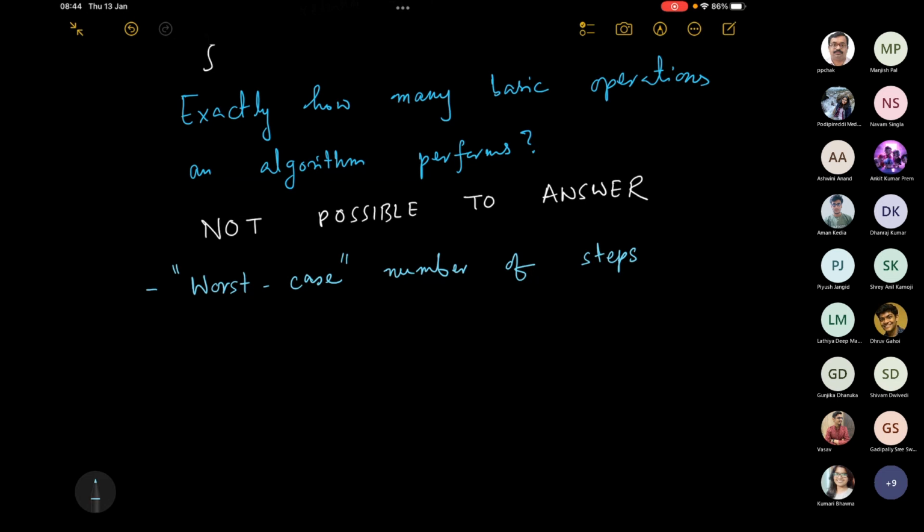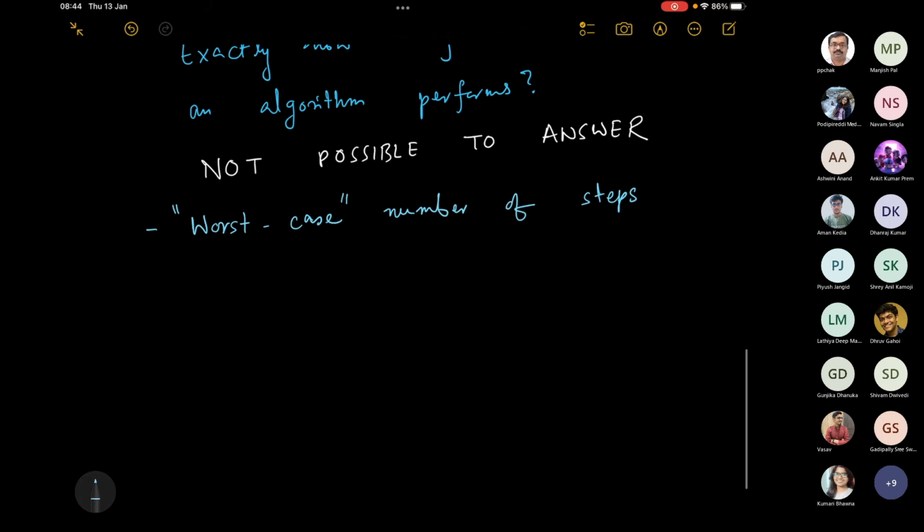We are making this simplification because it is our need, and otherwise it won't serve the purpose and it is also so difficult. So we need to do either worst case or best case.